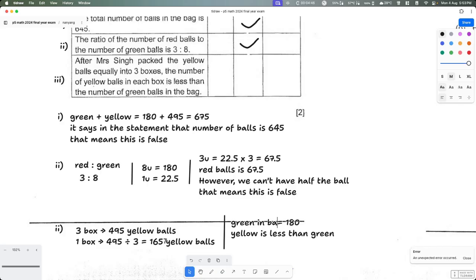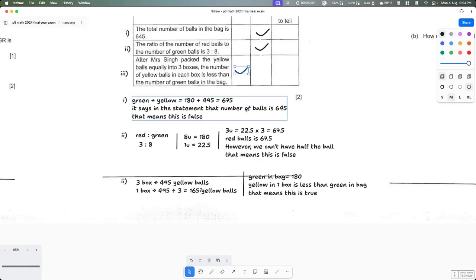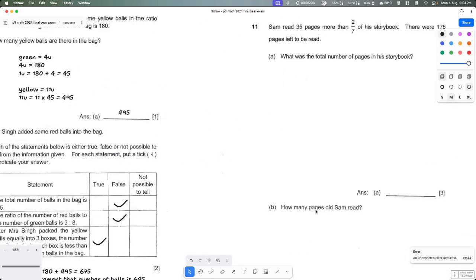Green in bag, yellow in box. That means this is true. True, true, very true. Very nice. Nicely done. All right, let's move on to the next question.